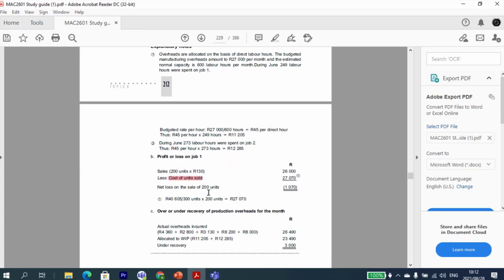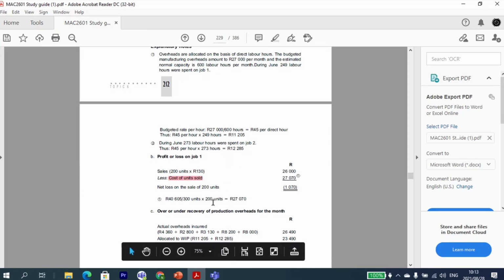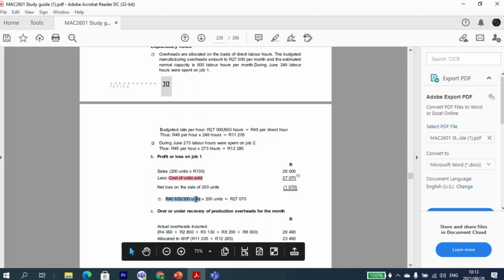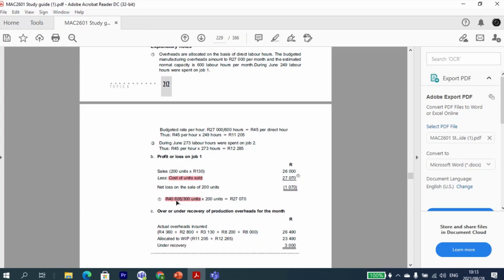So with this, it was an apportionment relative to what's being sold, trying to get the cost of the unit sold. So that's why it was mainly just an apportionment specific to the 200 units. But you need to get the cost of goods sold.